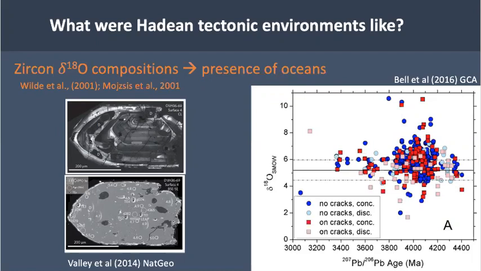And then that material had to make it deep enough in Earth's surface to be incorporated into a magma. And so the basis for this entire argument for the existence of an ocean on the early Earth is some of these positive signatures here in the Hadean Jack Hills zircons.